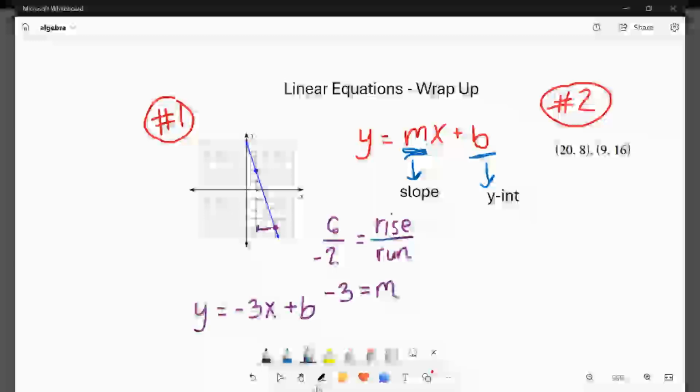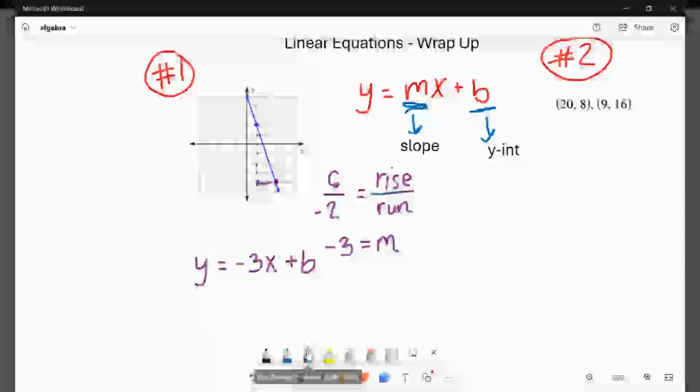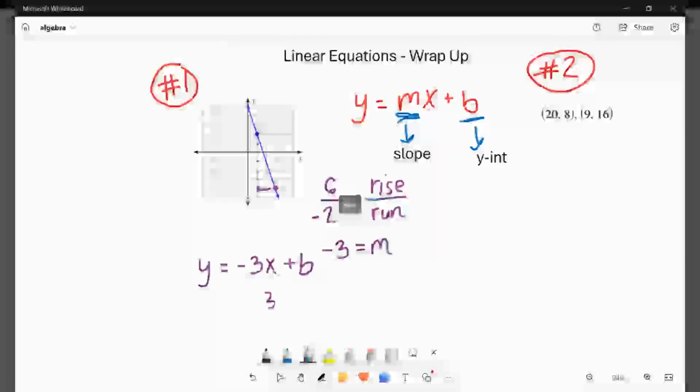If we want to check that, if we're not 100% sure, remember we can always plug in a point for x and y and solve for b. So let's just plug in the point that we started with here. That's 1, 2, 3 in the x, and 1, 2, 3, 4, negative 4 in the y.